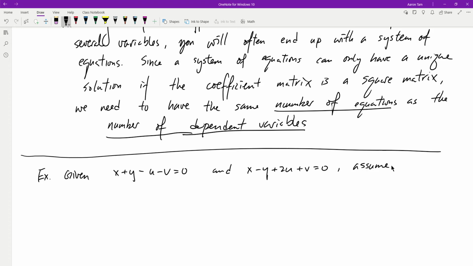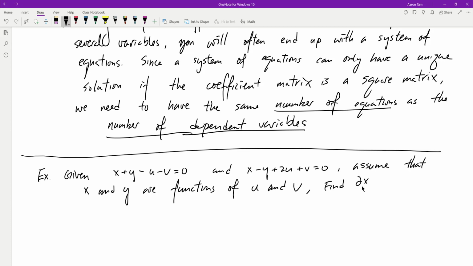Assume, so here's one of the important statements right here, we're going to assume that x and y are functions of u and v. I'm going to ask you to try to find all these partial derivatives: dx over du, dx over dv, dy over du, and dy over dv.